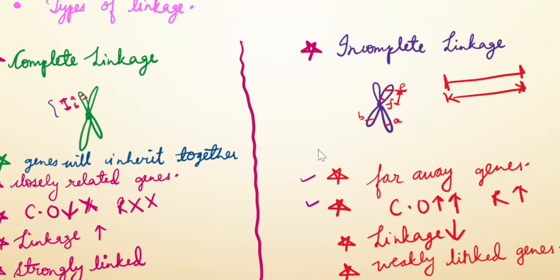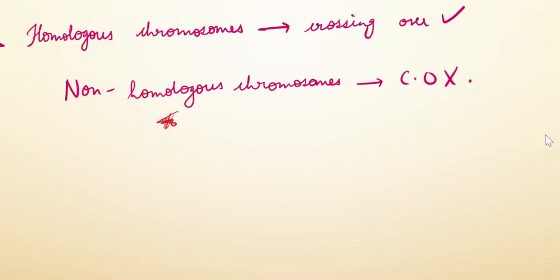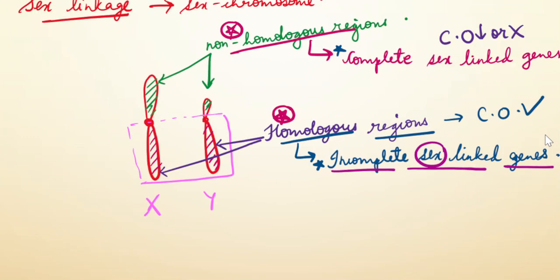But if they are very far, then genes won't inherit together. The same thing you can say here also: if the genes are incompletely linked, that means they won't inherit together.